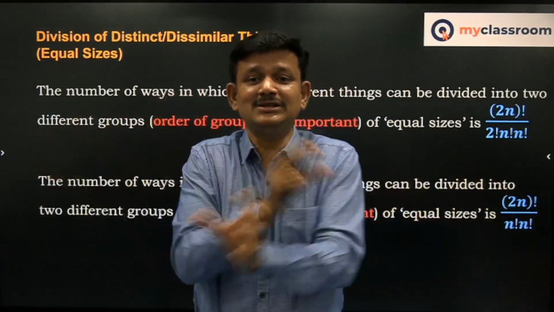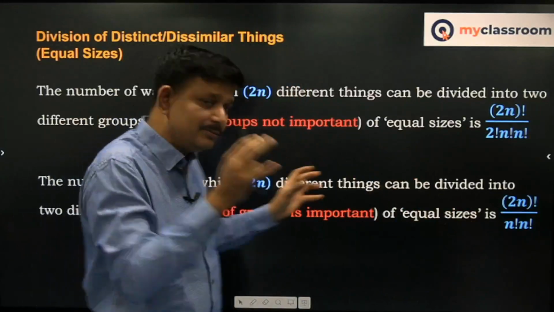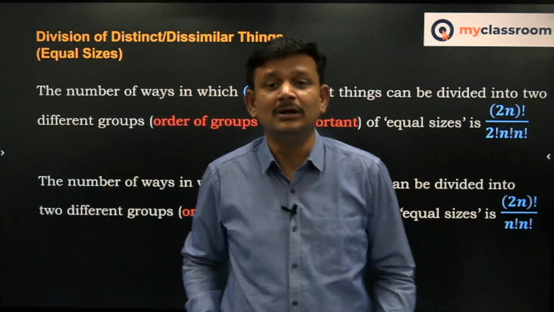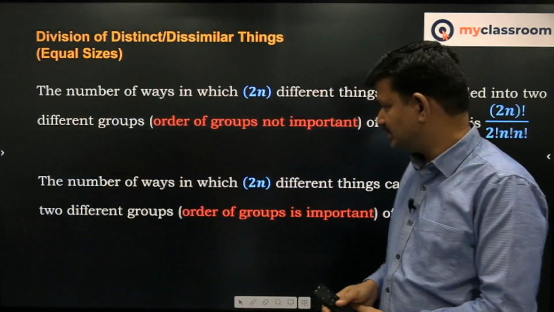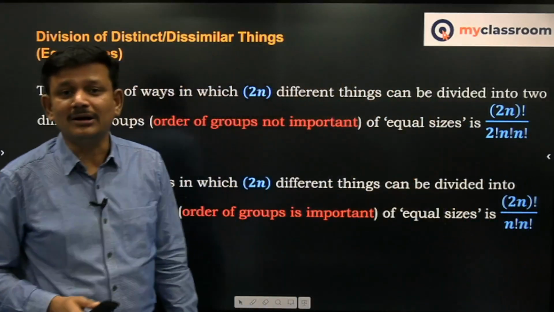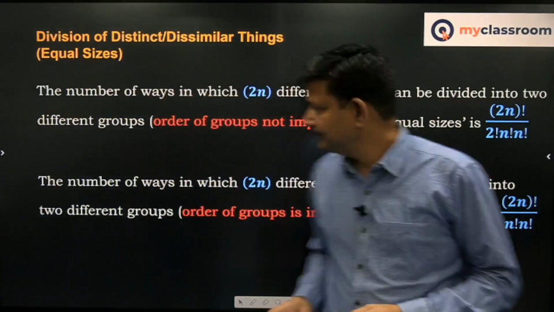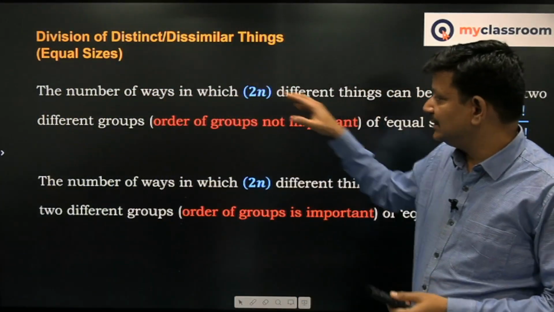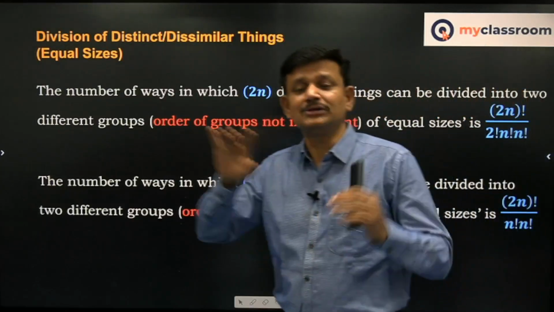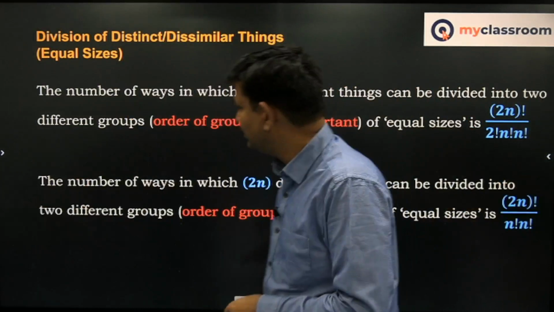In this case, which team is being sent where also becomes important. Order among the groups will be important, or the boxes are distinct boxes. In such case, the 2! in the denominator is not needed. This will be similar to the previous result. So, whenever the sizes are equal, you just have to see whether the boxes are identical or not, or order among the groups is important or not.